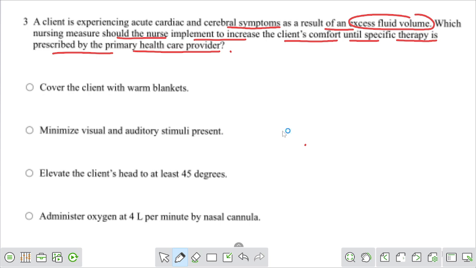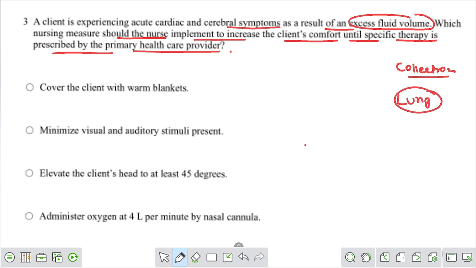So when there is excess fluid volume in your body, there is a collection of fluid in your body, and there is a collection of fluid in the lungs also. So patients suffer from dyspnea.